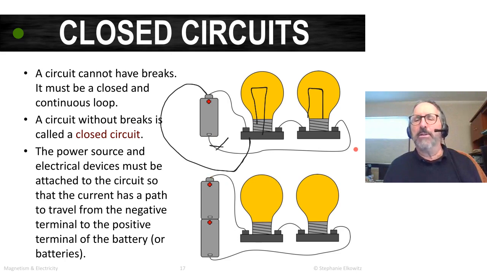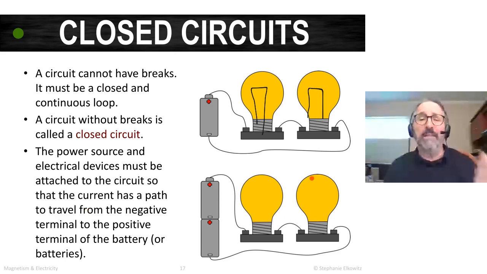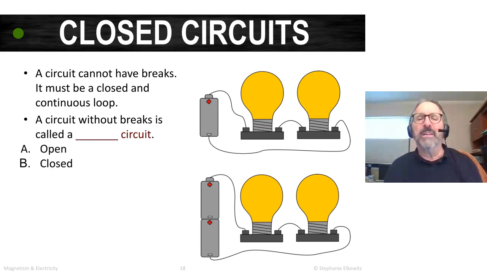That means you wouldn't light it up. When we did these things in elementary school and middle school, we gave people light bulbs and batteries and said make it light. They had to figure it out on their own to make a closed path circuit. Circuits cannot have breaks in them.